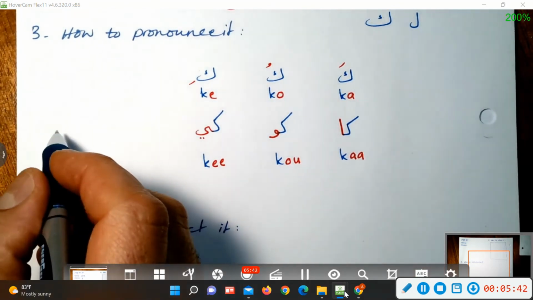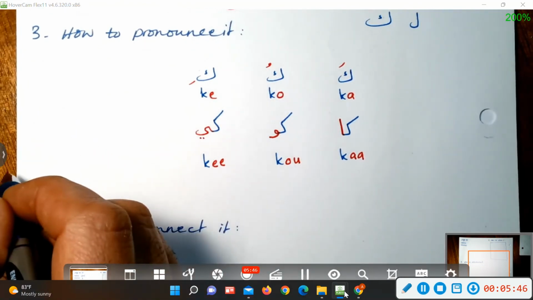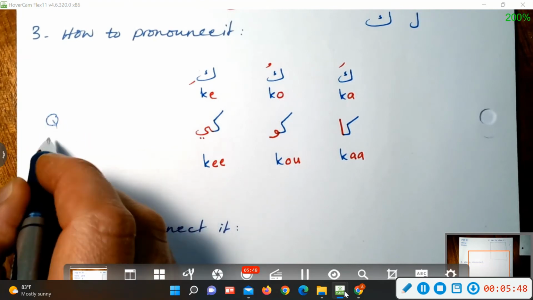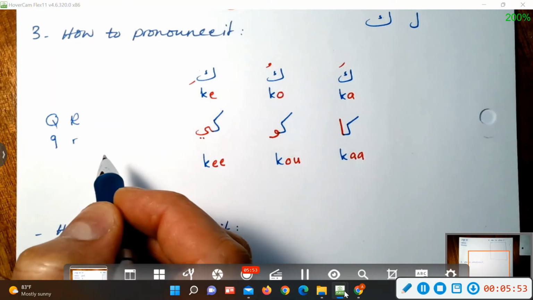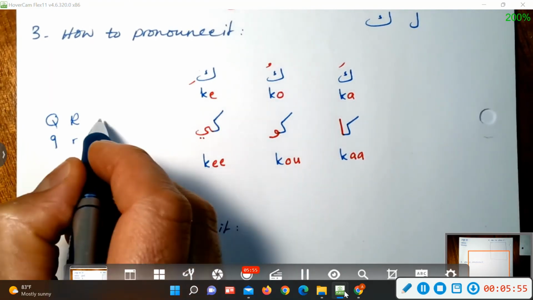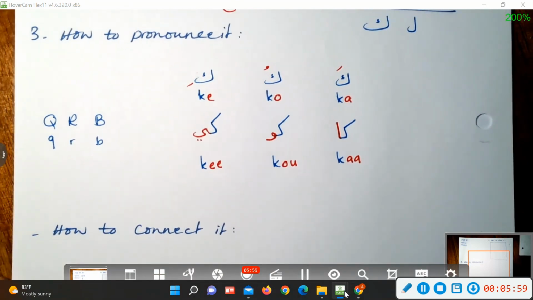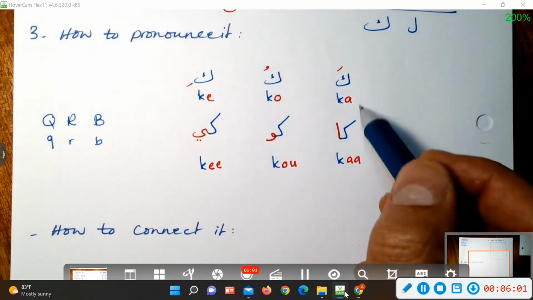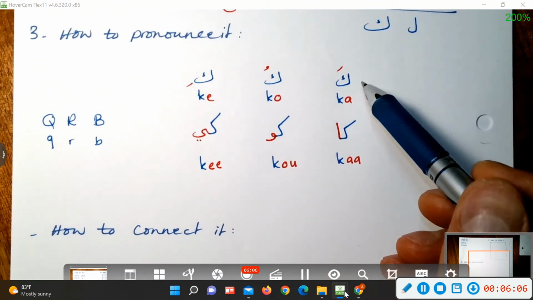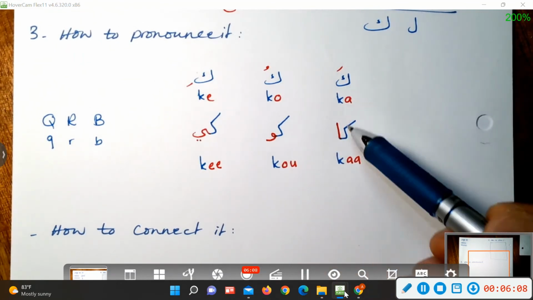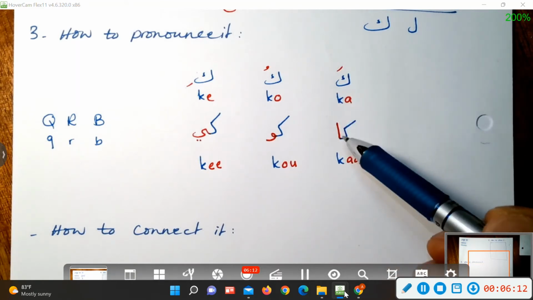But the answer is we have in English capital letter and small letter, and we never confuse between Q and Q or R and R, B and B. So when we use the letter and we get used to it and we practice enough, we're gonna easily remove this confusion between that one letter is drawn in two different ways.